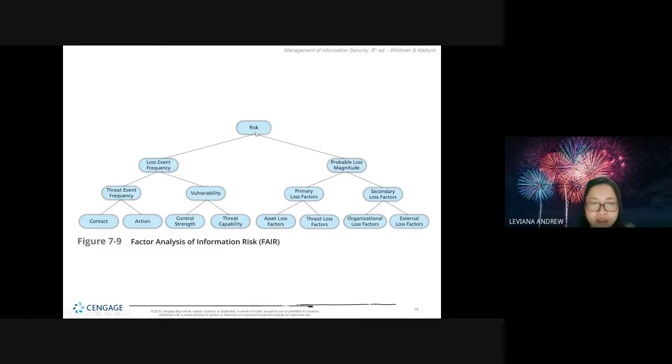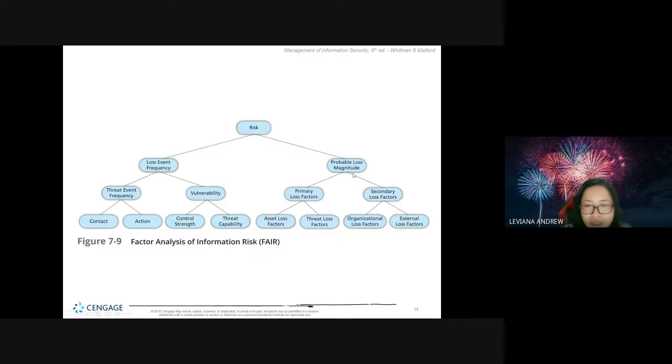So the risk, kira loss event frequency, must consider the threat event frequency, the contact frequency, and then the action, vulnerability, the control strengths, and then how capable is the threat to cripple the system or cripple the whole organization.